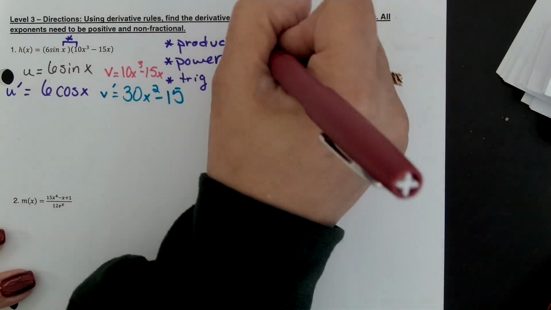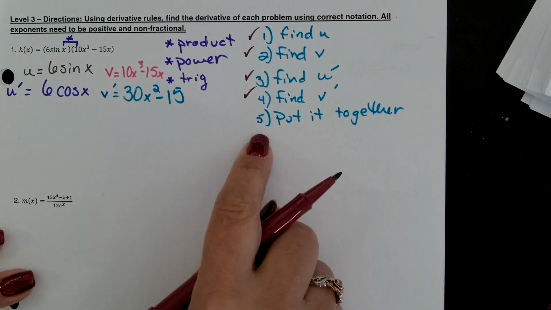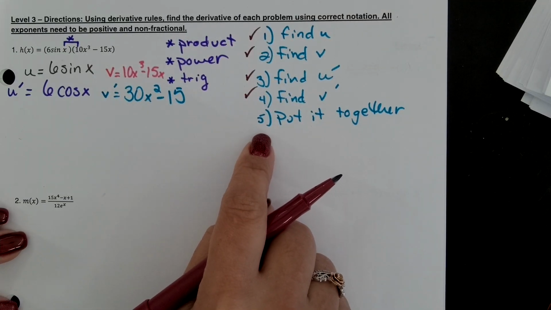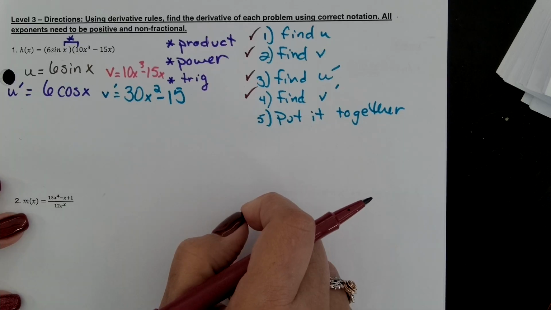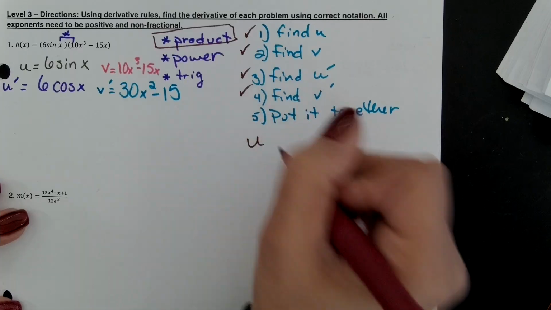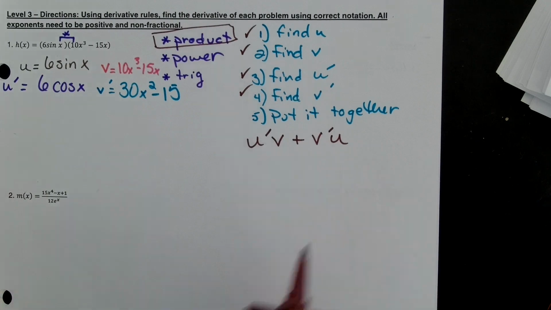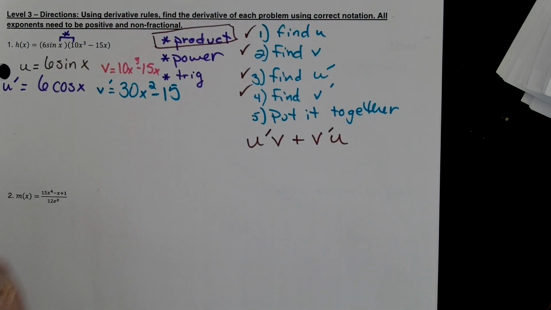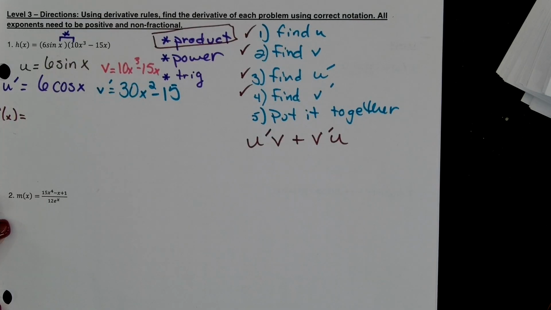Now we just put it together. We've done U, we've done V, we've done U prime, we've done V prime, we put it together. Which rule do we use to put it together? Product rule. I know you don't have the rules in front of you, but product rule says that is U prime V plus V prime U. So H prime of X. What is U prime?